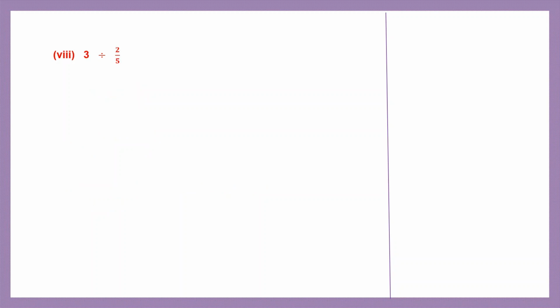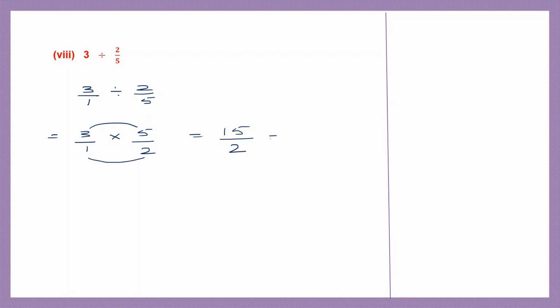Question 8. 3 by 1 divided by 2 by 5. So we'll write this as 3 by 1. Division changes to multiplication. 2 by 5 we write it as 5 by 2, the reciprocal. Now we can multiply the numerators. You can write it out separately or you can straight away multiply. 3 5's are 15, and in the denominator we multiply 1 into 2, 1 2's are 2.